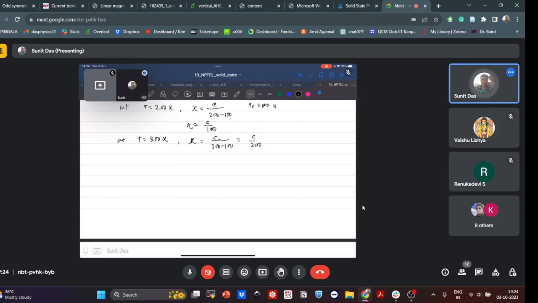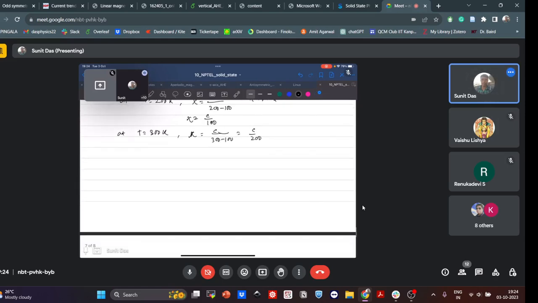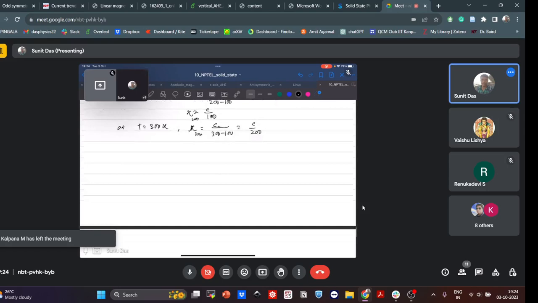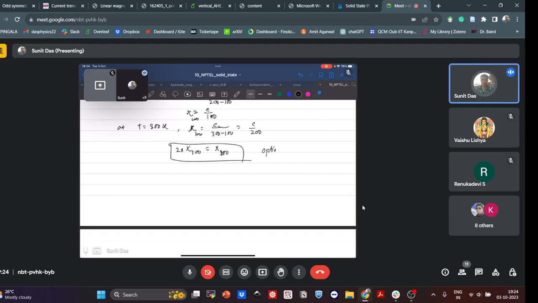So you can clearly see that the susceptibility at 300 Kelvin is half the susceptibility at 200 Kelvin. So option A is the correct answer.